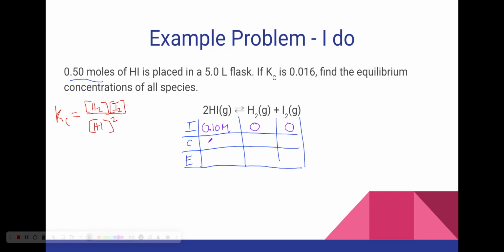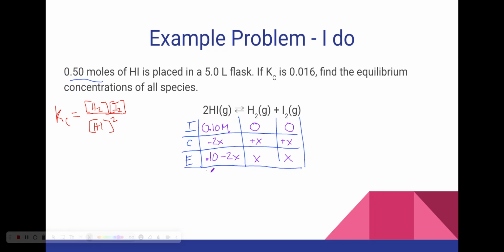We're going to subtract 2x from HI because that's a product. I'm sorry, that's a reactant. It's being used up. So we're going to do 0.10 molar minus 2x. And then here we're going to add x because there's a stoichiometric coefficient of 1 in front of H2. We're going to repeat that same idea for I2. Since there's only a 1 in front of it, it's just x.